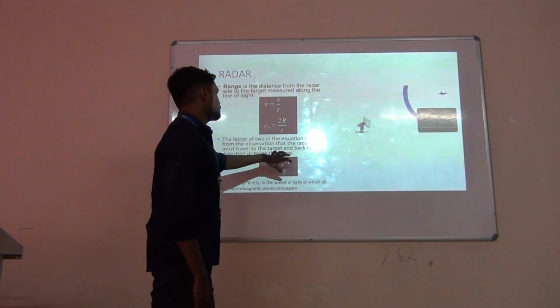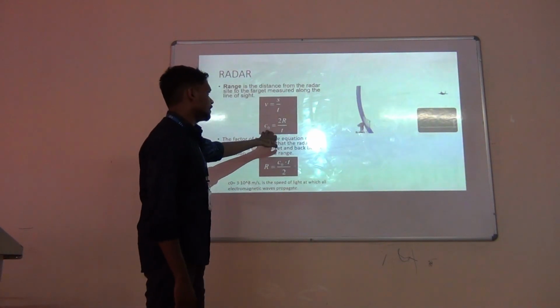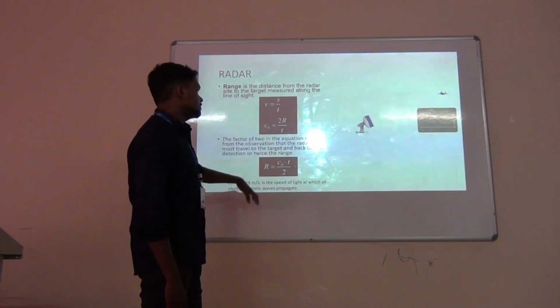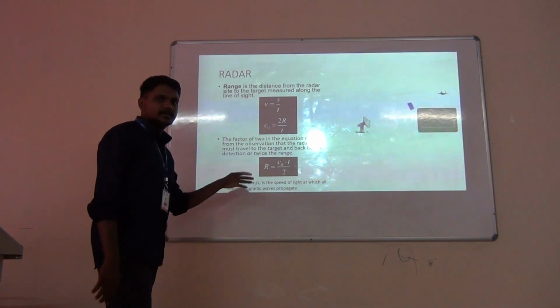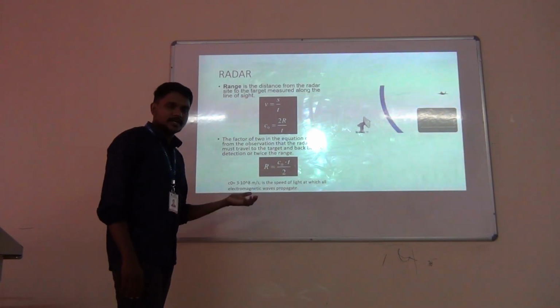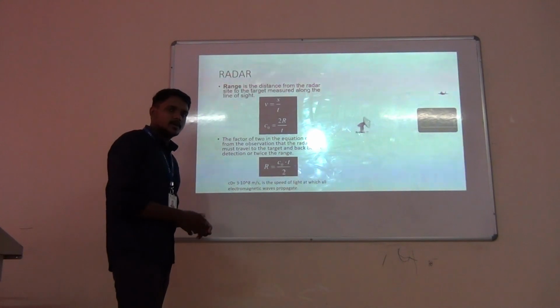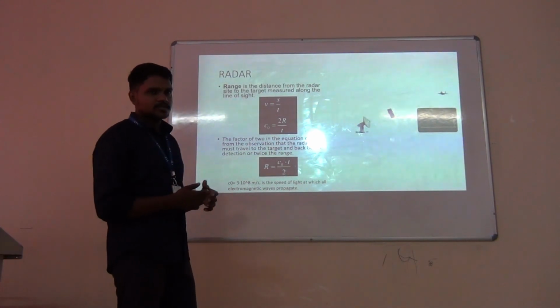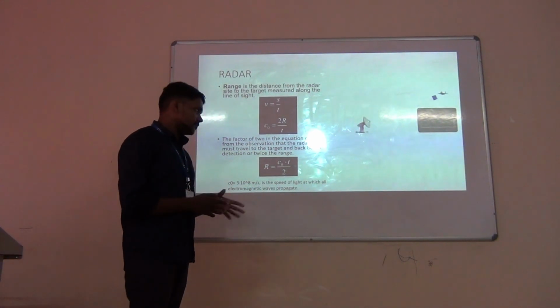Using this formula, we can find out 2R, which is the distance, and we will see a lot of equations showing how the radar detects and how the complex process works in a single chip.